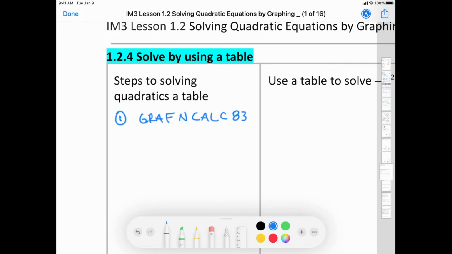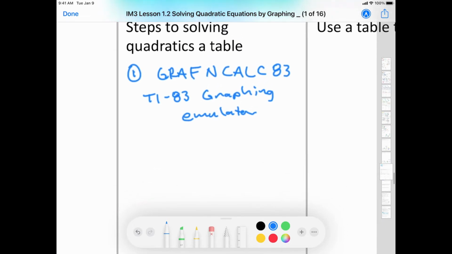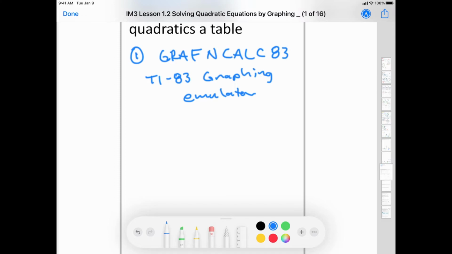Basically it's a Texas Instruments TI-83 graphing calculator emulator. A long time ago, there were other ones called Wabbit, Emu, or something like that. What you want is a free graphing calculator on your phone, or a physical one is good too.